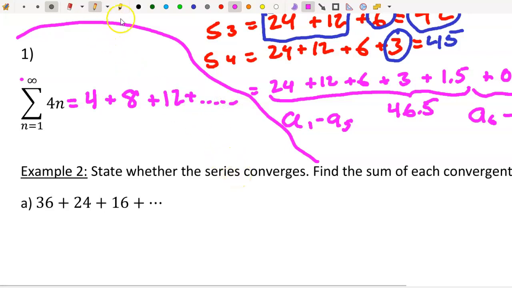All right, give that a think, talk to each other, decide which answer you agree on real fast.